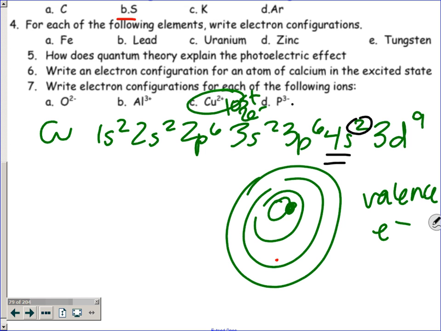It gained 2 electrons. You can't just willy-nilly make a whole other electron energy level. You're going to put them where there's space. That's why in those orbital diagrams you're seeing some extra spaces, right? Like carbon has 4 extra places, and so forth. So for this one, I would rewrite copper and not write this section here, because it lost these 2 valence electrons, and that would become copper 2+.